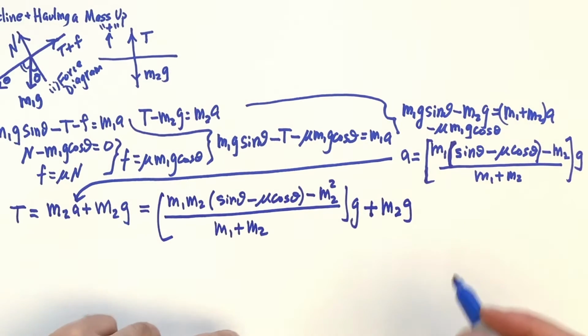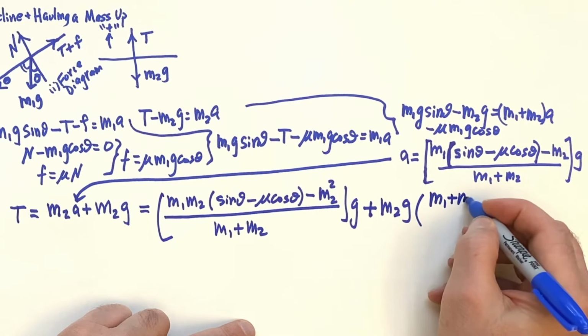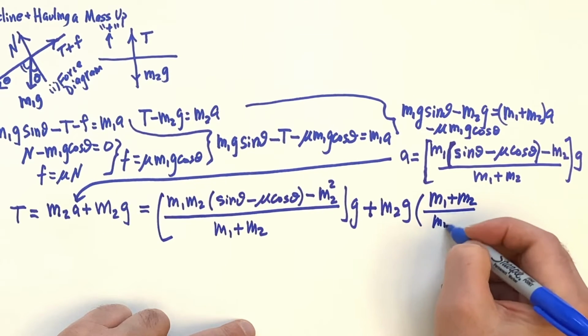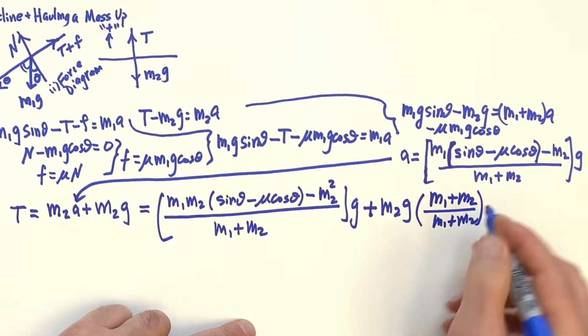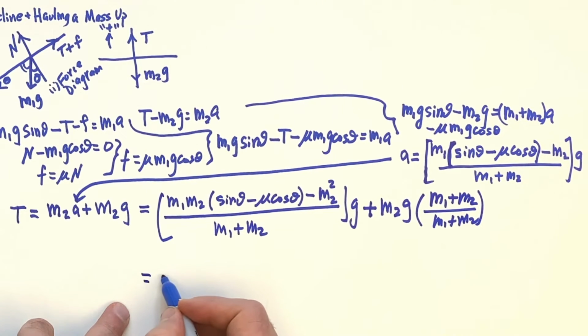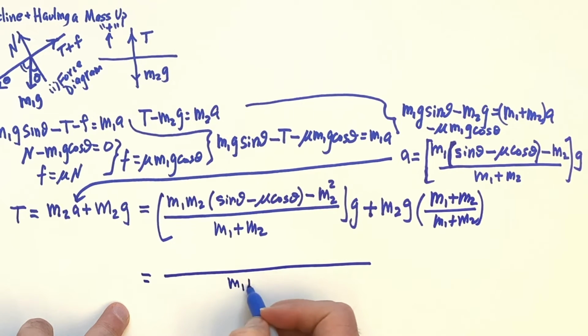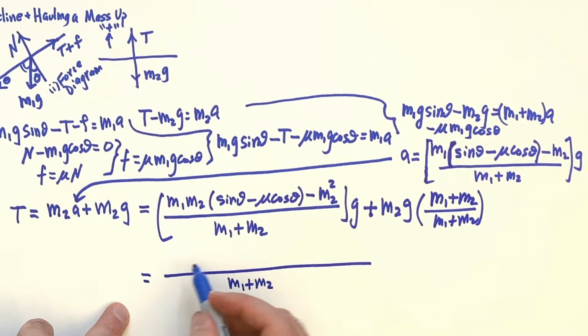So this is similar to what we did before with the other case. And now we want to multiply here top and bottom by the sum so that I can combine the terms. All right, so when we do that, we'll have everything over M1 plus M2.